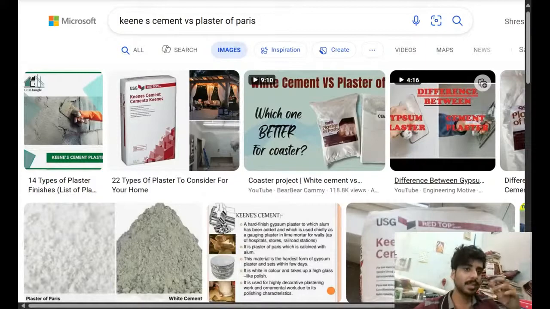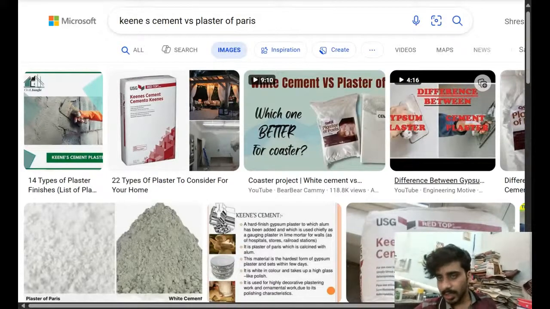The thing is, the book we are reading right now is quite vast compared to our knowledge. So I'm searching in Copilot right now: Keen's cement versus plaster of Paris.